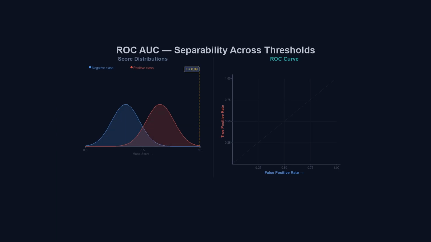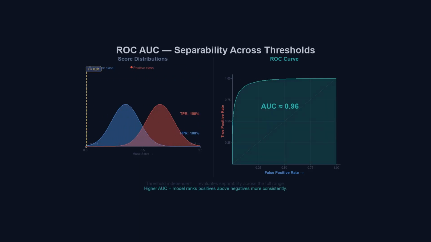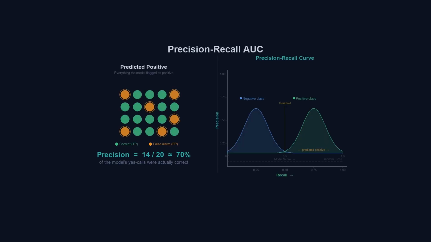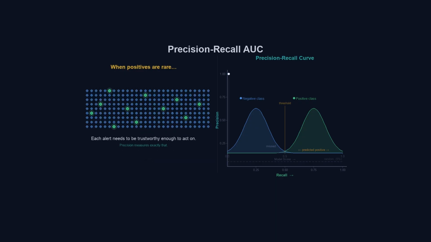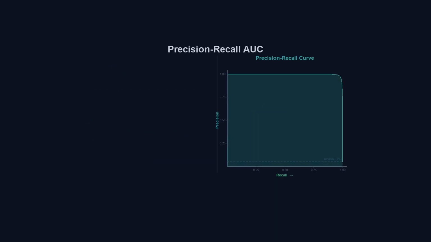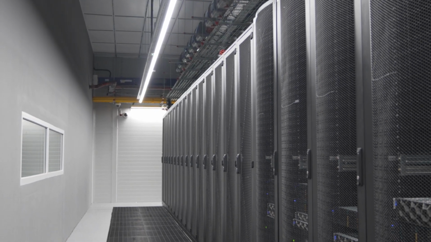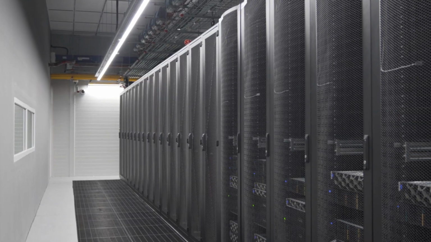ROC-AUC tells you about separability across thresholds, and Precision-Recall AUC, on the other hand, tells you more about the quality of positive predictions, especially when the positive class is rare. And that distinction turns out to matter a lot in real systems.